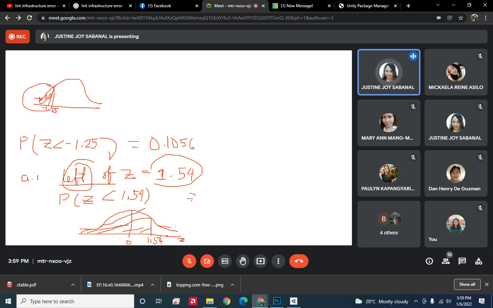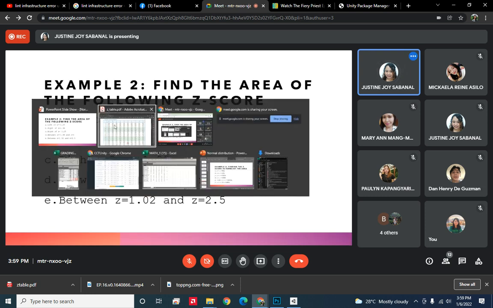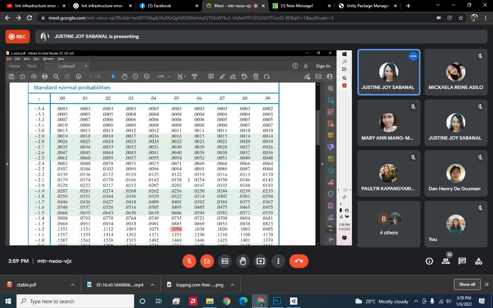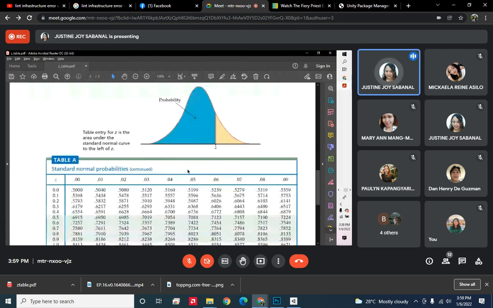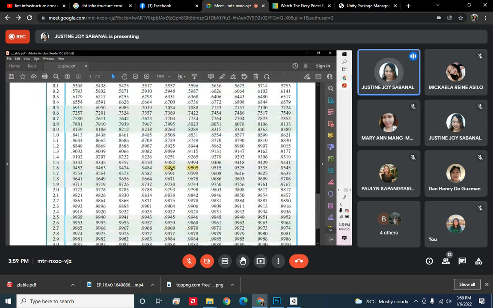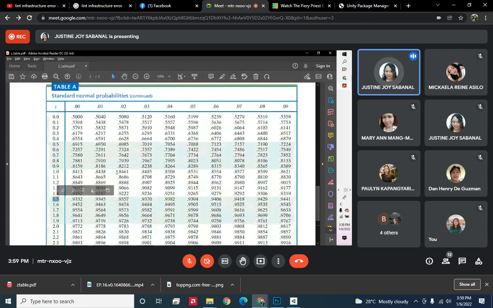Check muna natin dito. So we have a positive 1.54. Hanapin muna natin yung 1.5. Tapos nag-e-end sa by 4. So pang 1, 2, 3, 4, 5. Pang 5 yung 0.4 po.